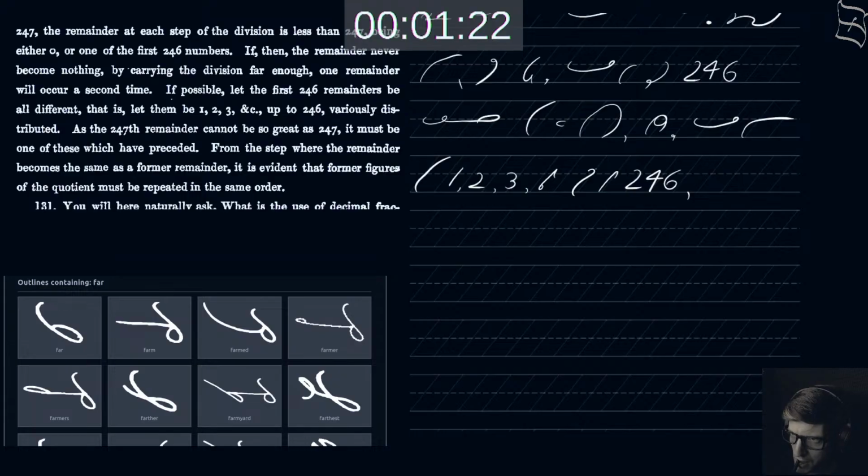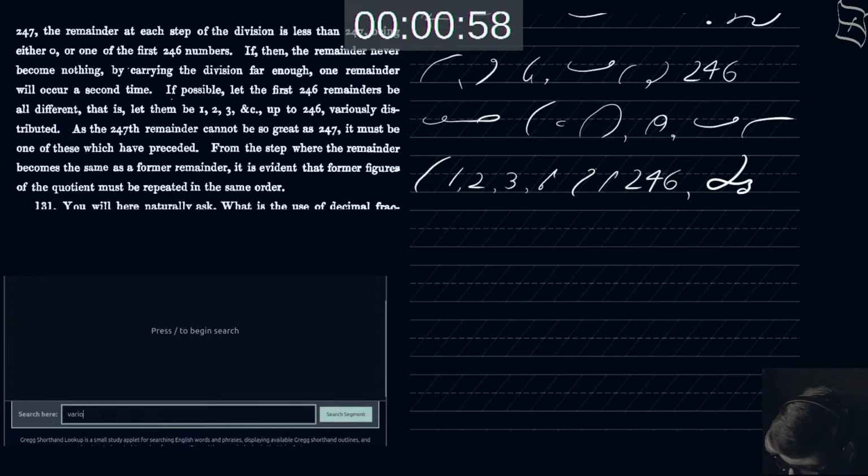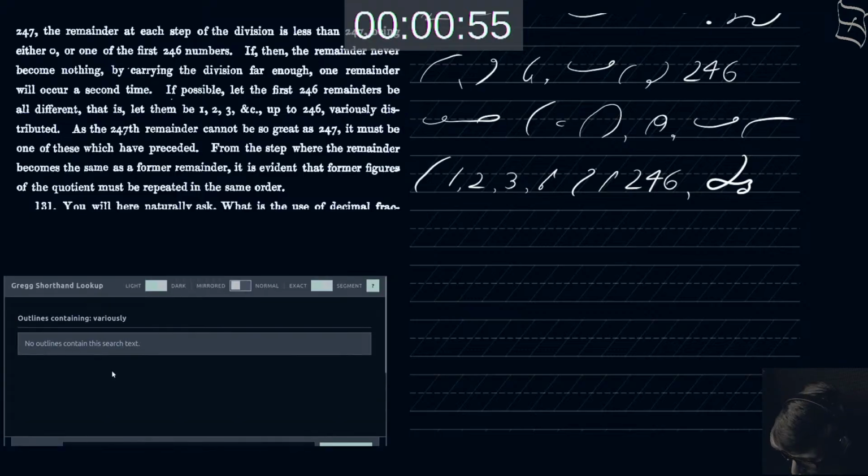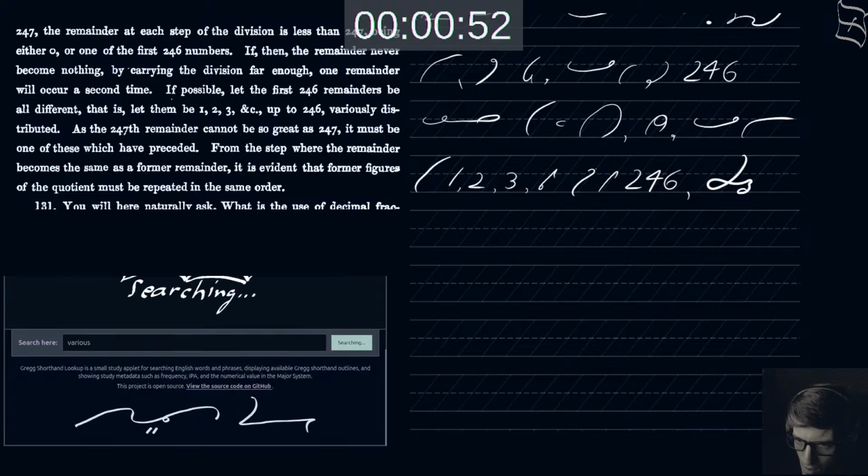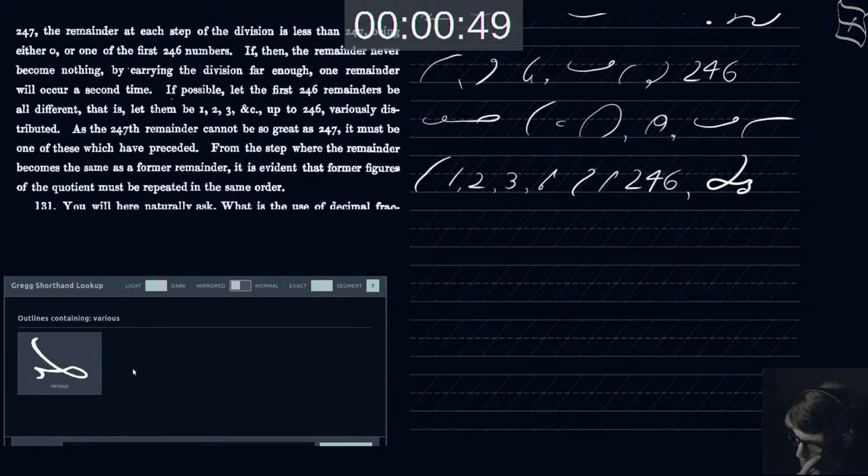Hold on, did I miss something? If possible, let the first 246 remainders be all different. That is, let them be 1, 2, 3, etc., up to 246, variously distributed. Let's see if that's how variously is spelled. I didn't assume that it would be in there. You don't need the os ending. There we go.